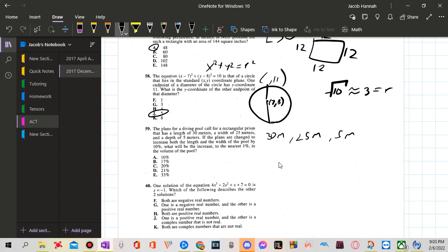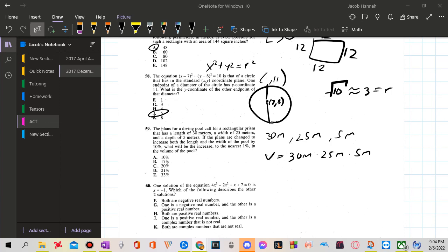Alright, so the plans are to increase both the length and width of the pool by 10%. Volume is equal to 30 meters times 25 meters times 5 meters.